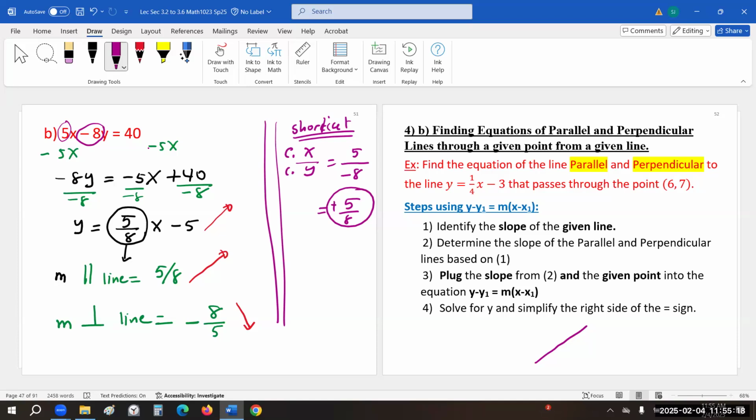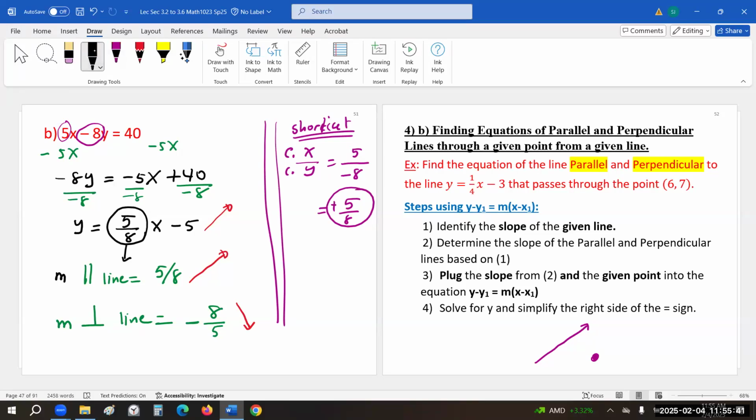So they give us one line and they give us some point here. And they say, find the equation of the parallel line and then find the equation of the perpendicular line that is parallel or perpendicular to this line but goes through this point.